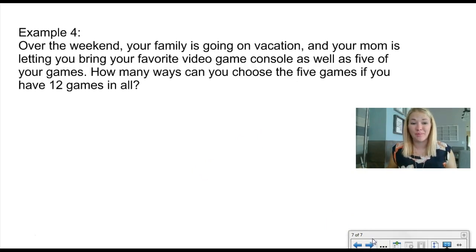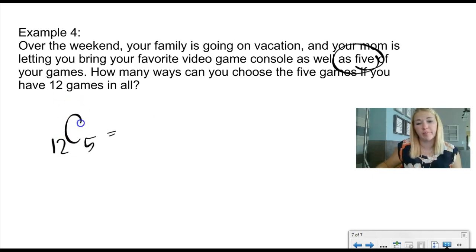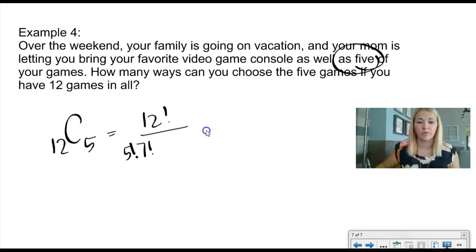Okay, last problem. Over the weekend, your family's going on vacation, and your mom is letting you bring your favorite video game console as well as 5 of your games out of 12 total. It doesn't matter which 5 you're bringing, you get to bring 5. So 12C5: 12 factorial over 7 factorial, 5 factorial, because 12 minus 5 is 7.